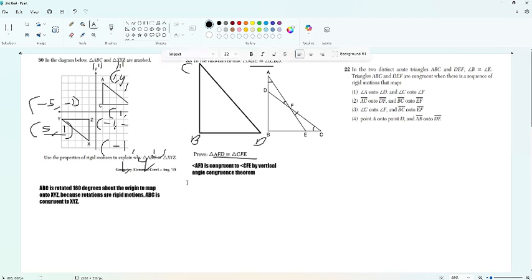So angle A is congruent to angle C because of CPCTC, since we know ABE is congruent to CBD, as Kayden said. Now we can solve this problem by either AAS or ASA.